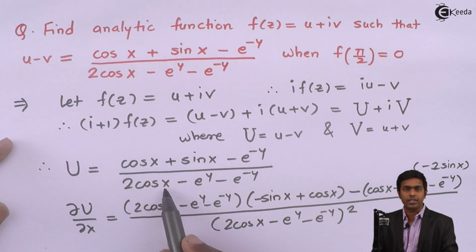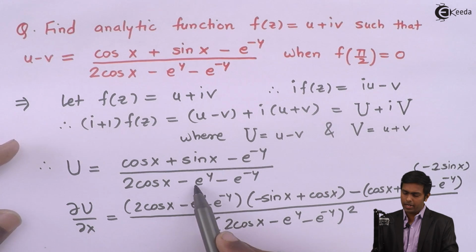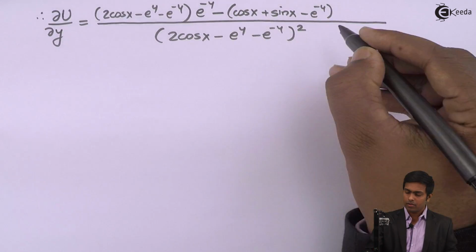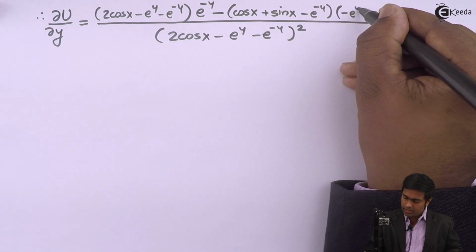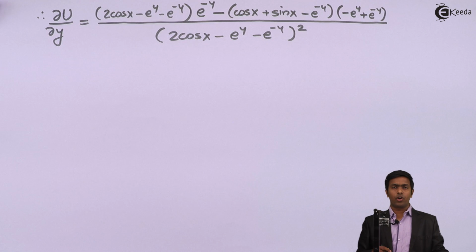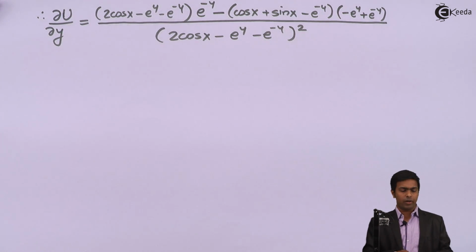So this will be 0, here we will get minus e^y, and here we will get plus e^(-y). So minus e^y plus e^(-y). So we got the value of ∂U/∂x and ∂U/∂y.